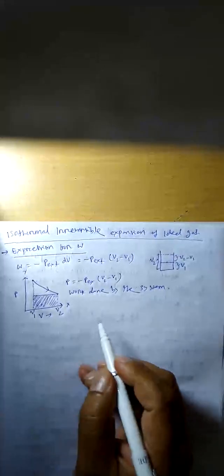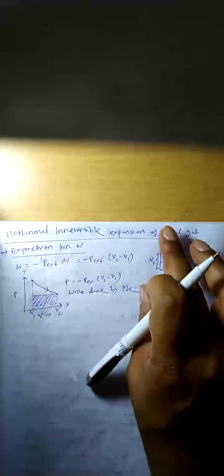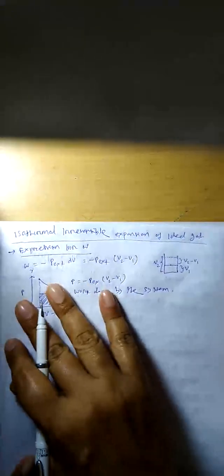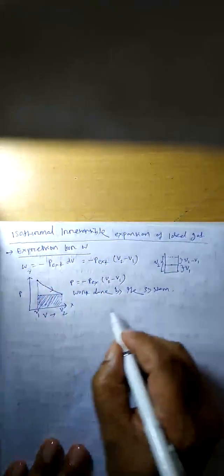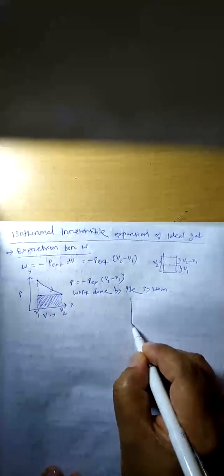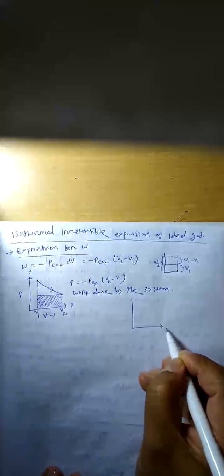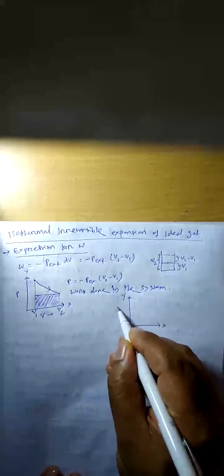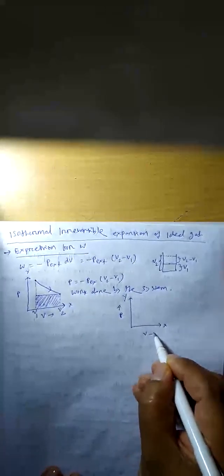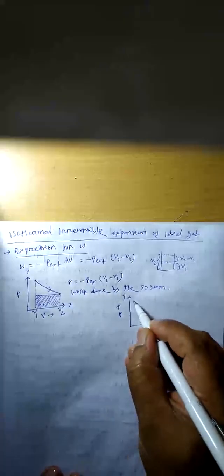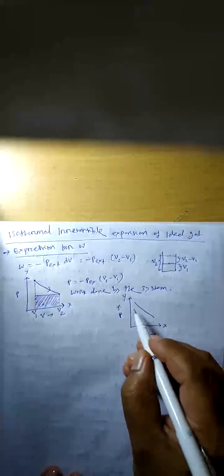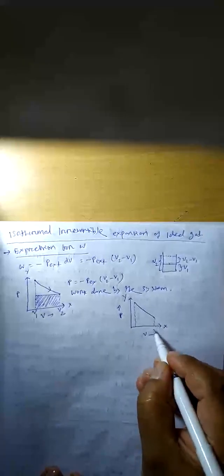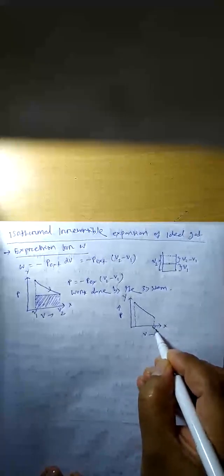Suppose work done when this is expansion. When we undergo a compression, what do we do? In case of compression, same graph. It is on the x-axis, it is on the y-axis, pressure and volume. Same, but it is compressed. That means this is V2, this is initial.